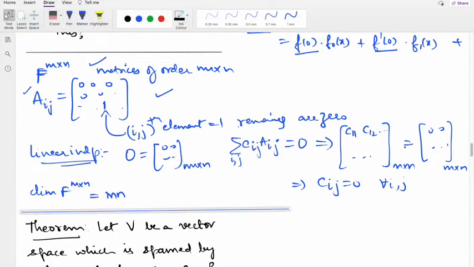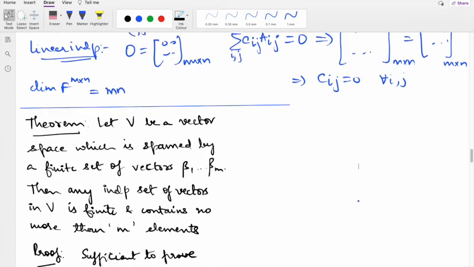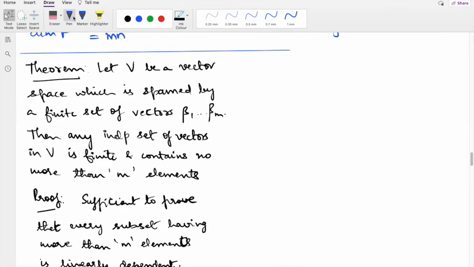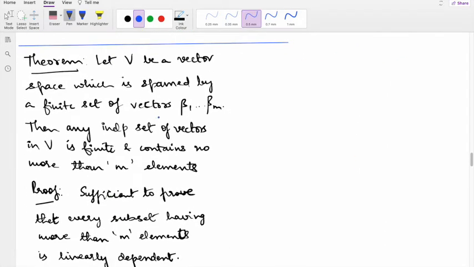Now we'll go on to some theorems. So first, let V be a vector space which is spanned by a finite set of vectors beta_1 to beta_m.